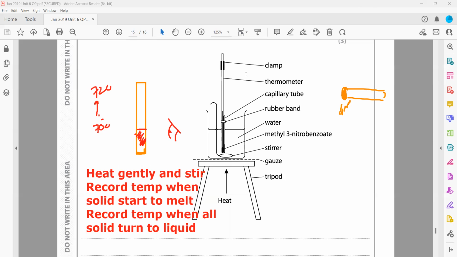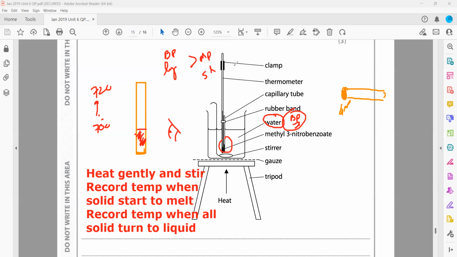And one more thing, the liquid which is used here, in this case, we are using water. But what is a suitable liquid? First thing, the liquid should be unreactive. Second thing, the boiling point of the liquid used here should be more than the melting point of the solid. Usually organic solvents have a low melting point. So the boiling point of the liquid in this beaker should be more than the melting point of the solid.